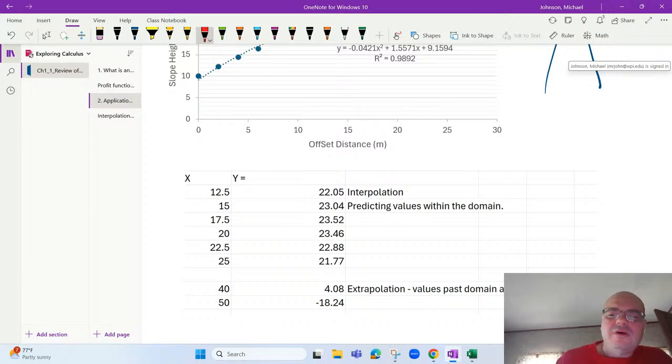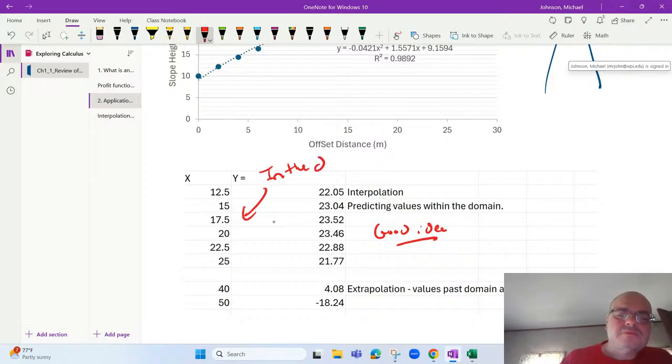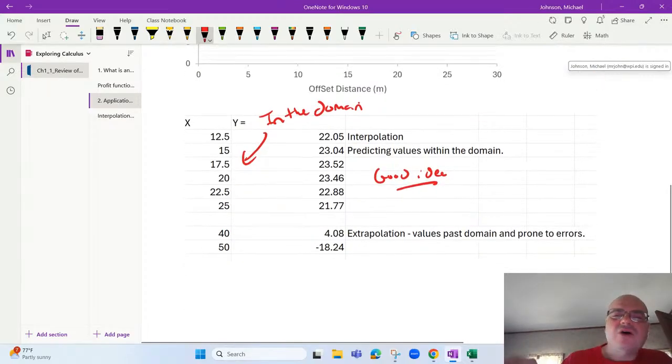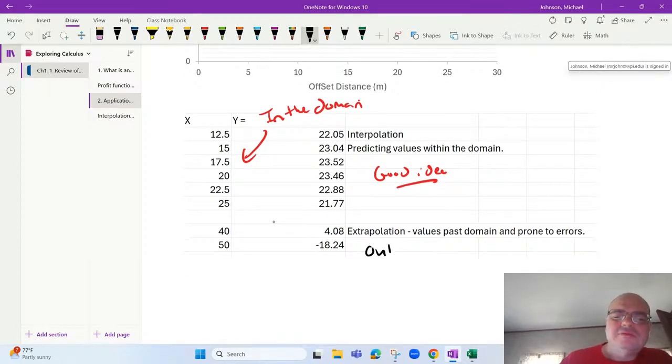So here's a good idea when you plug in values in the domain. But if you go outside the domain, you're going to get unpredictable results.